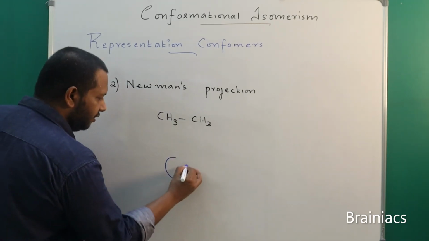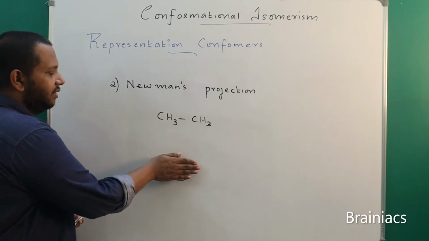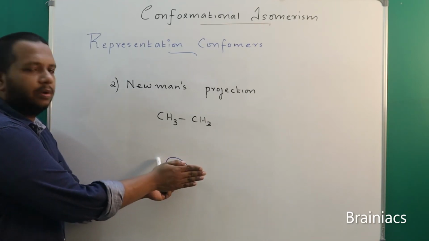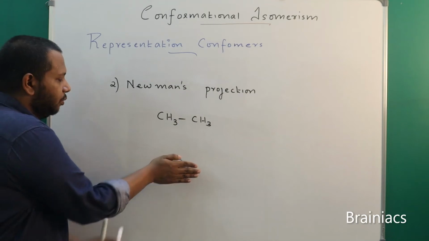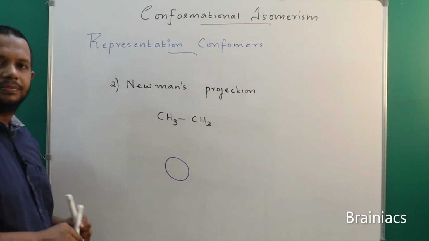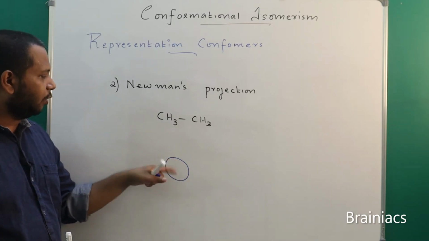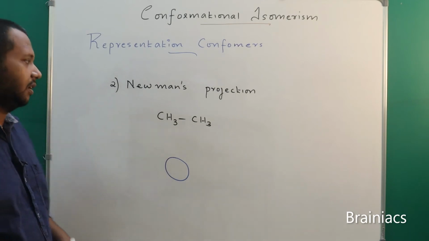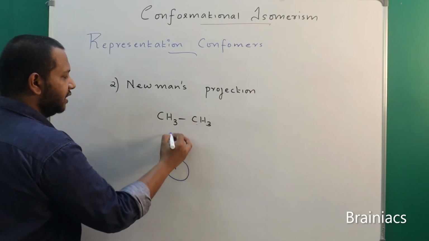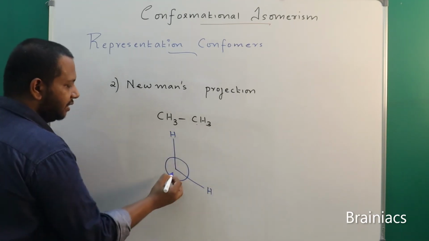Please understand that you can think of this circle as a three-dimensional view. So this is one carbon and there is another carbon behind it. But when we see from the front view, we can see only the circle. So that means the first carbon is here, and the other carbon is on the back side of this one. So let us assume this is my front carbon. So this has one hydrogen atom, and another hydrogen atom, and three hydrogen atoms.